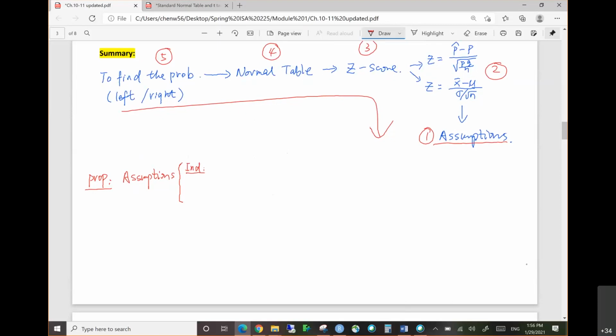So for the independence assumption, what do you need to check? That the sample is randomly selected. What else? And the 10% condition. Perfect, the 10% condition. All right. What about the next one, the normality assumption? What do you need to check?